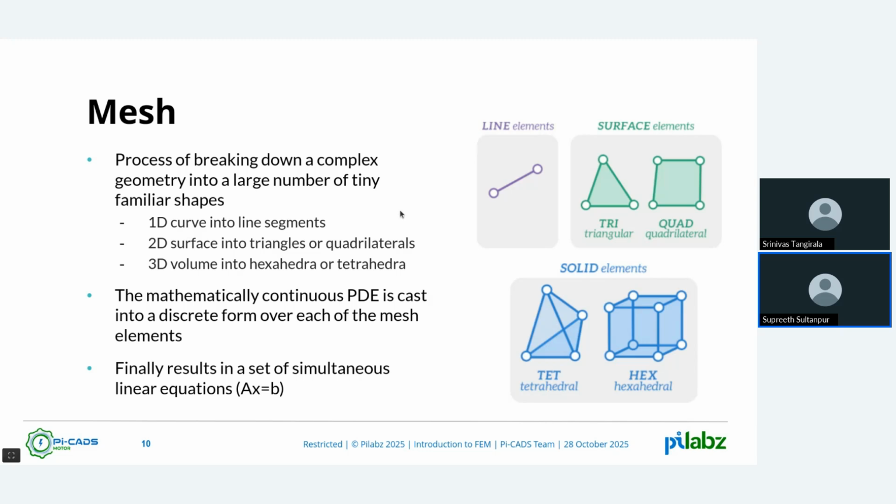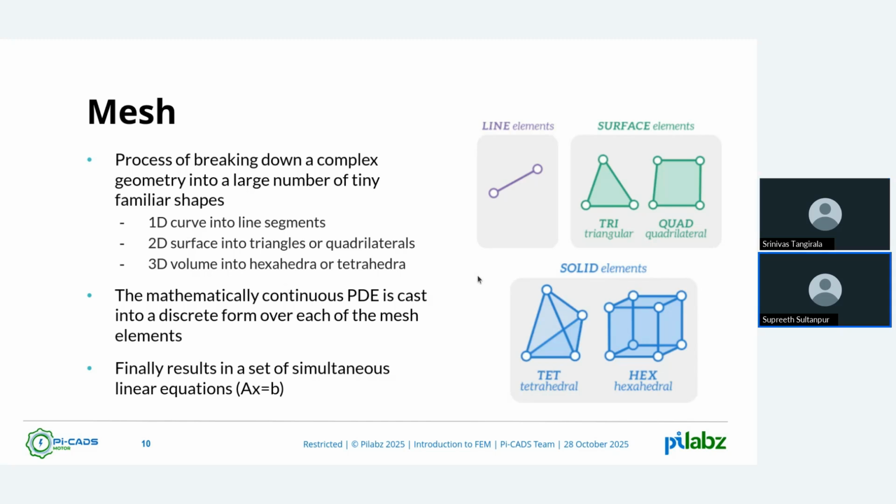For example, if you have a really complicated curve, you can approximate that curve using a large number of line segments. So if you have a 2D surface, you can approximate that into either triangular or quadrilateral shapes. And when you go to 3D, you can either have tetrahedral or hexahedral, or there is something also called prismatic elements. So your complex geometry is broken down into tiny, smaller, familiar shapes.